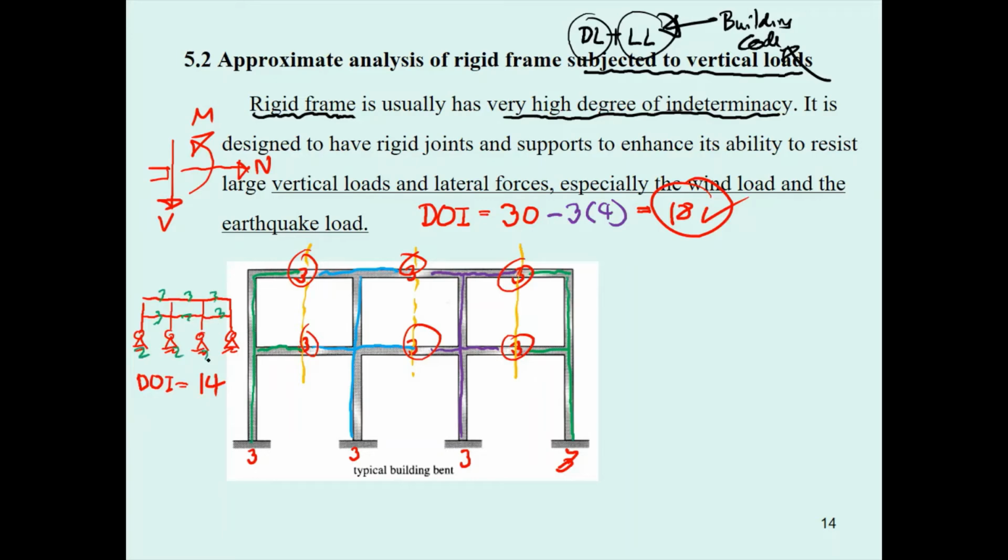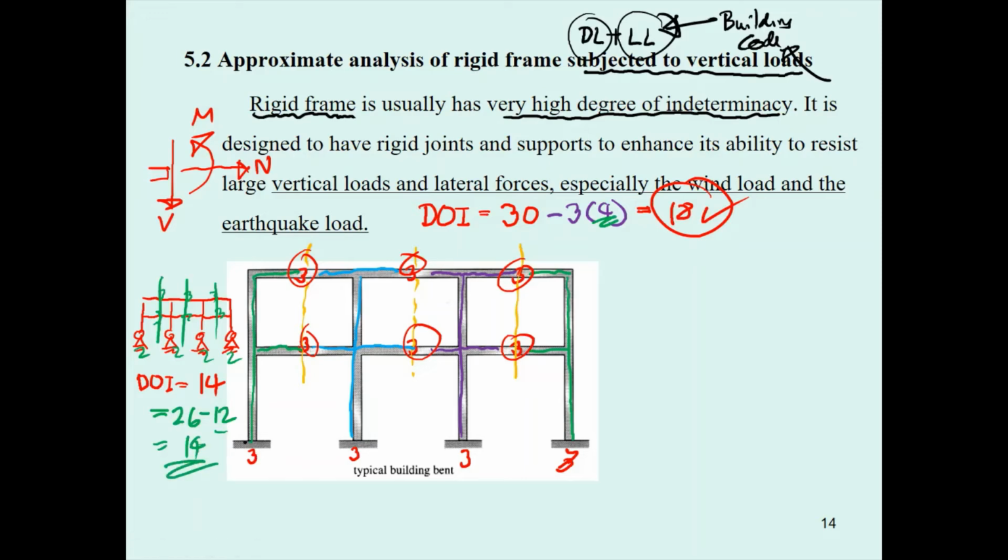Okay, and then it's 6 plus 8 because the pin has only 2 unknowns. So you have how many of this? You have 26. And then you cut it again. You have 4 free body diagrams. You have 12 equations. So this one is going to be 14.